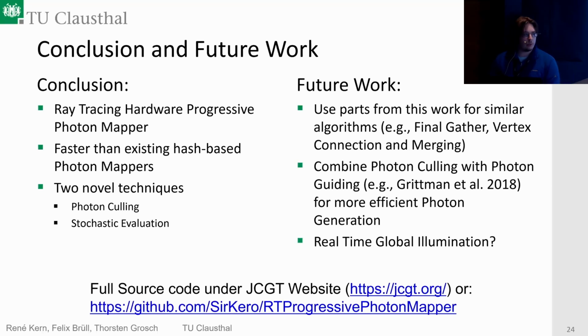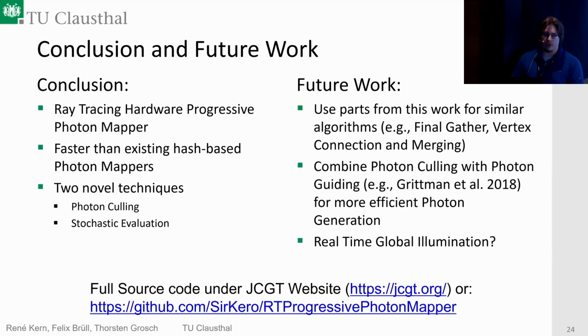For future work, we can imagine that parts of our algorithm can be used in similar algorithms, such as final gather or vertex connection and merging, to speed things up even more. Also, it would be possible to combine our photon culling with, for example, photon guiding by Gridman and colleagues to get more efficient photon paths.